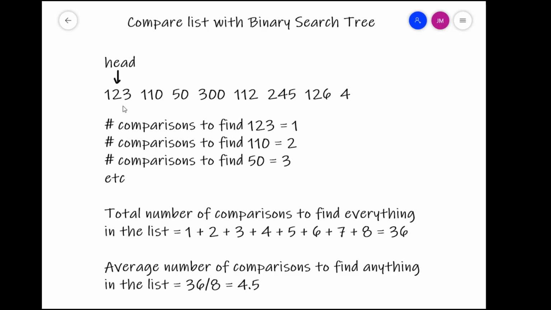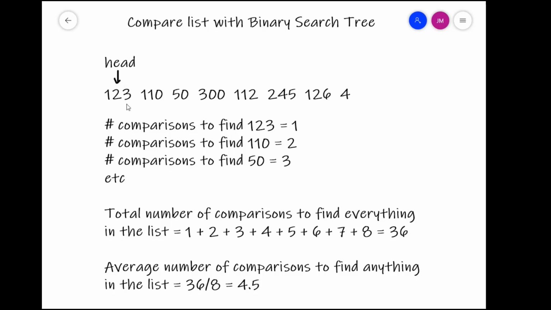Now I want to find something in this list. Well, if it was a 123, I find it at the beginning of my list, and it just took me one comparison. I go to the front of my list and I say, is this 123? And the answer is yes, one comparison. If it was a 4, then I start at the beginning of my list and I say, is this 4?